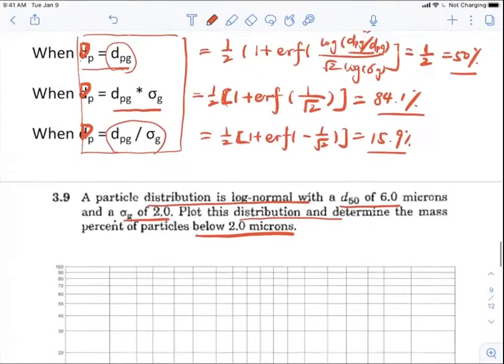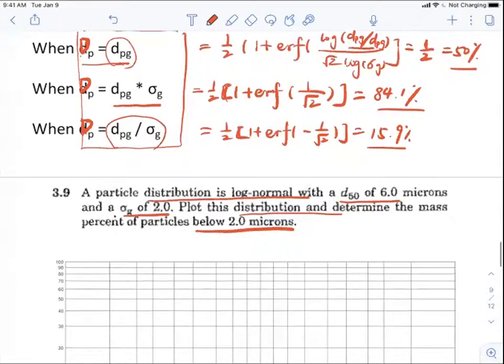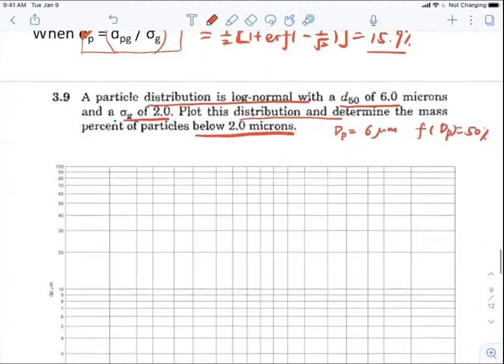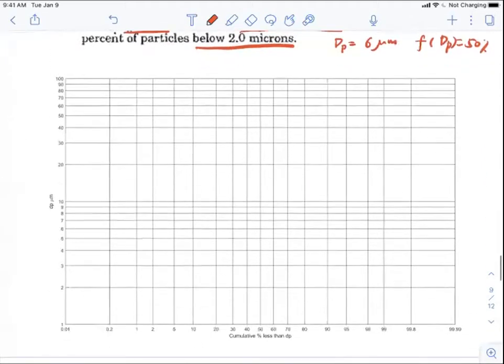So with these properties, we can start to do our plotting, right? So when dp is equal to 6 micrometers, we know that the fraction is going to be 50%, okay? So we can just find the 6 microns and 50% on this plot here. And this is one of the data points, okay?